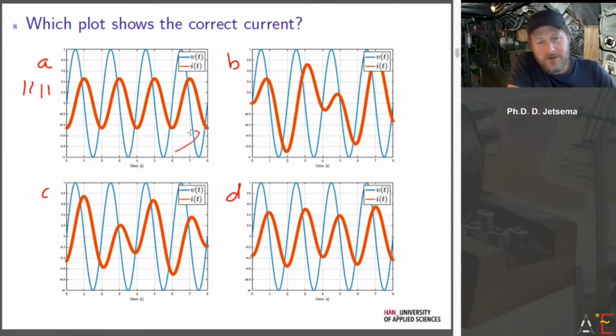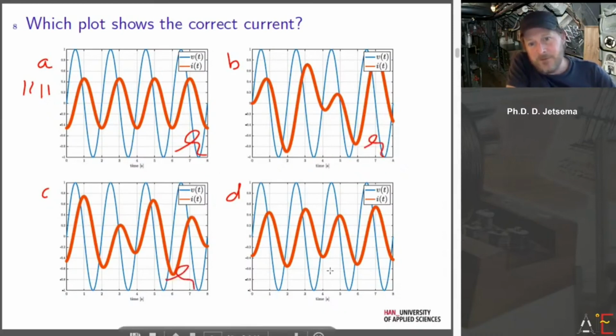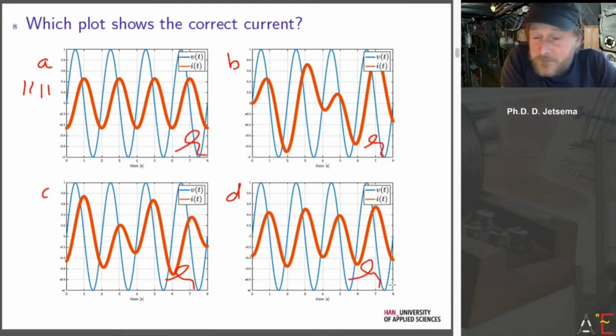Well, I can already say that A indeed is a correct solution, but B is also a correct solution, and C is a correct solution, and D, they're all correct. The reason for this is that in A I have particular initial conditions on the current taken into account in order to get this nice, purely phase shifted situation, a 90 degrees phase shift is what you see.